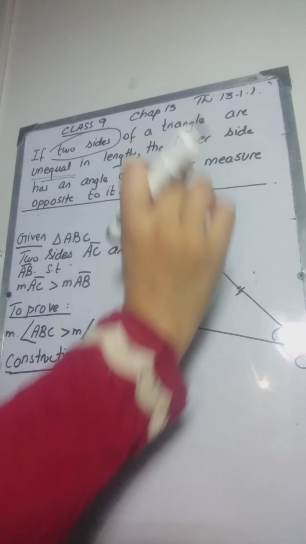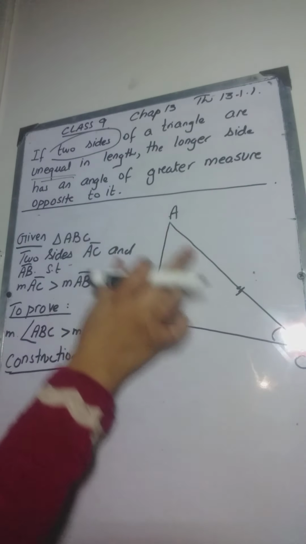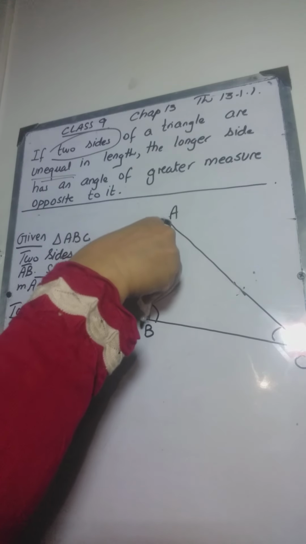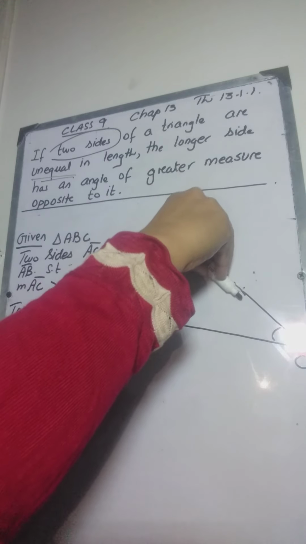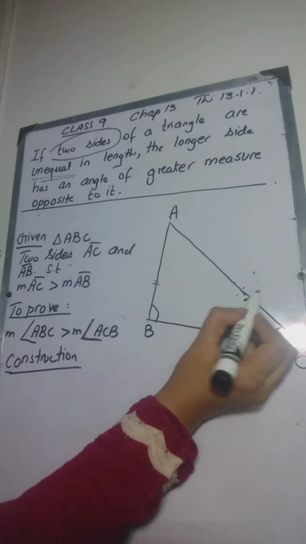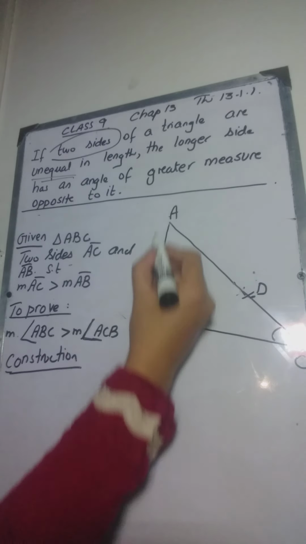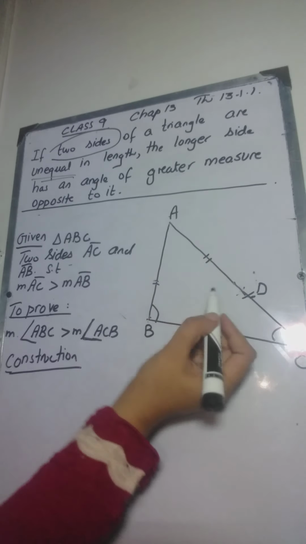Now suppose that segment is equal to AB, we are going to take a point D where AB is equal to AD. You are going to take D at such a point that AD and AB are the same.